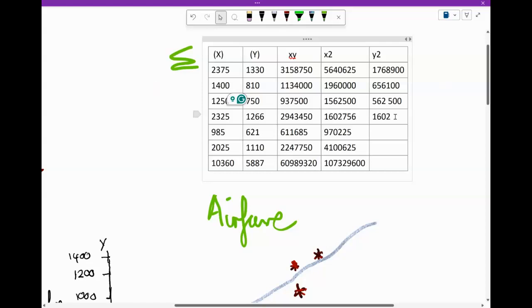I think I squared the wrong amount here. I'm getting the same y squared as my x squared. Is this x squared correct? 2, 3, 2, 5.